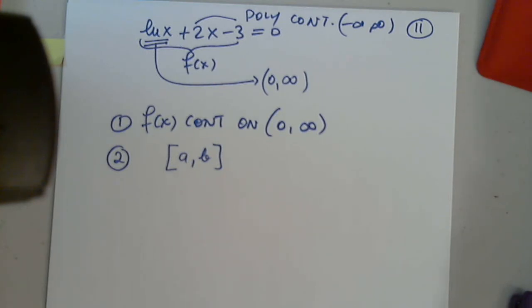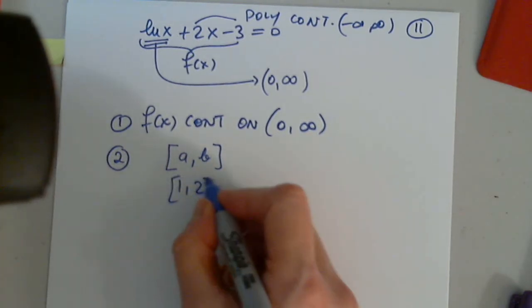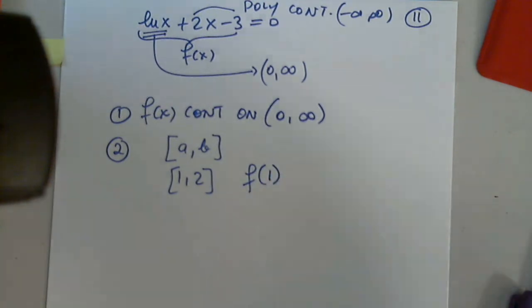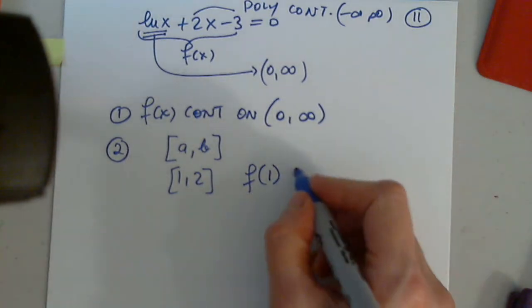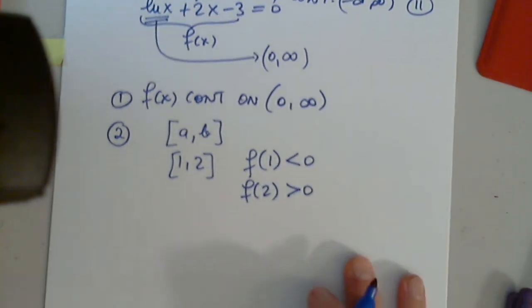So I will stop sharing. I will say 1, 2: f of 1 was negative, f of 2 is positive.